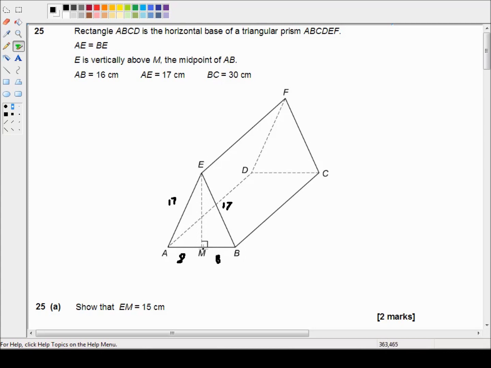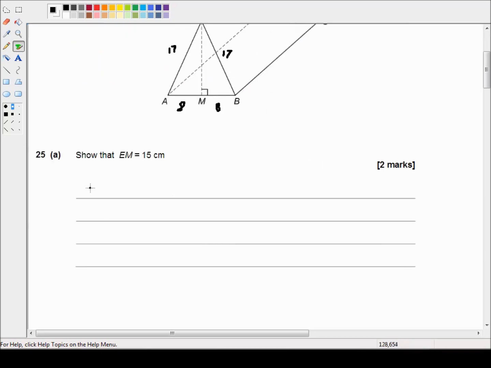EMB is a right angled triangle, the base of which is 8 and the hypotenuse is 17. So the Pythagoras theorem should give us EM. So EM squared is equal to 17 squared minus 8 squared.